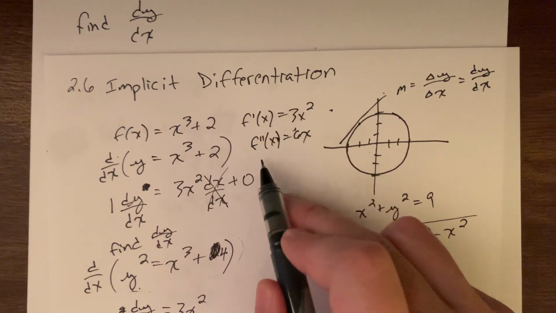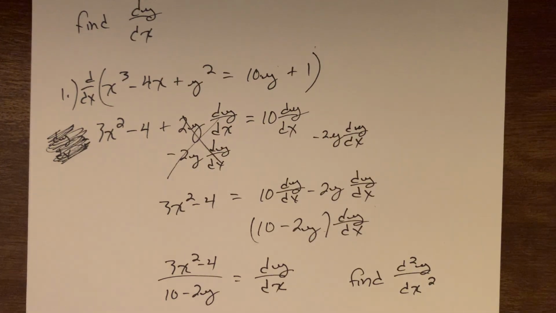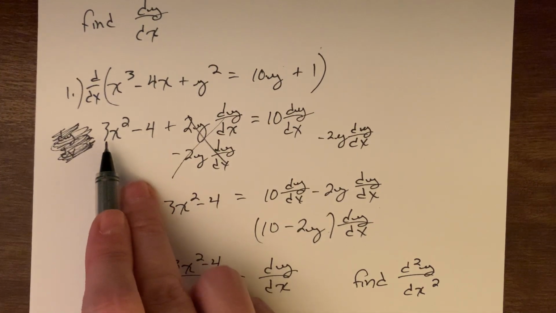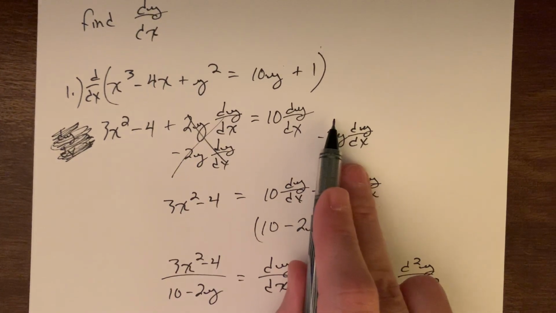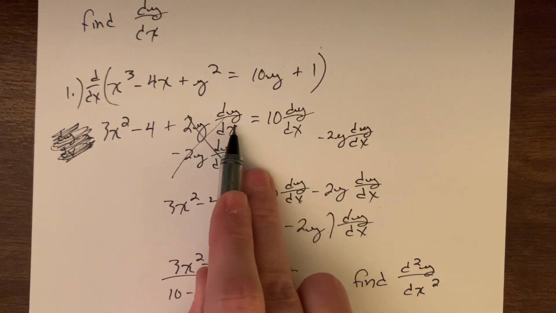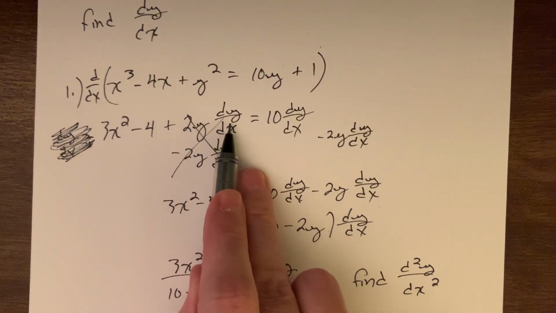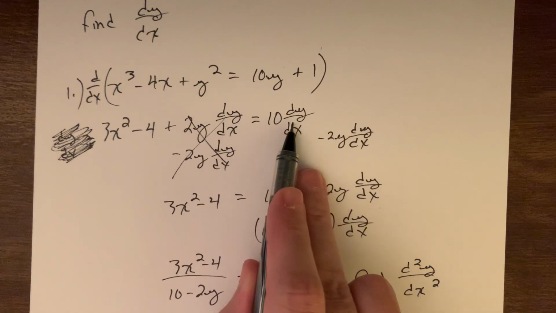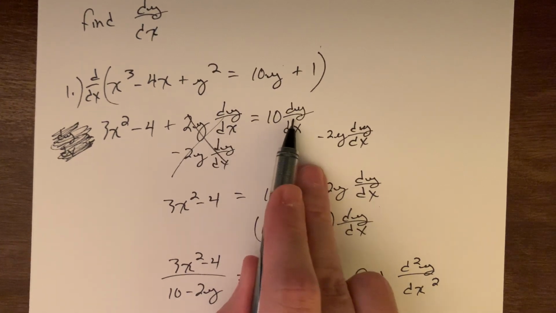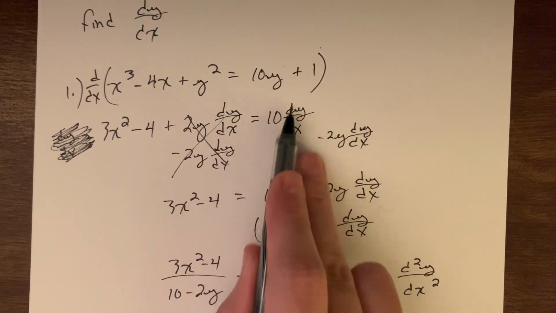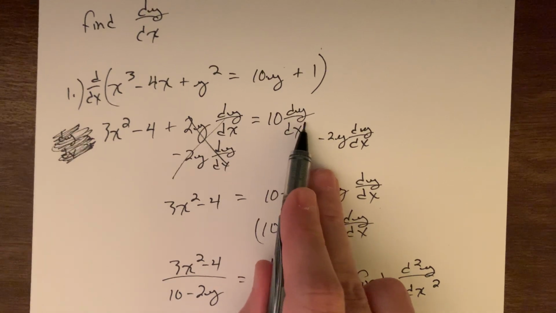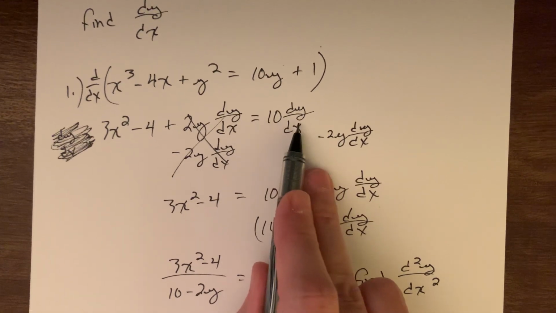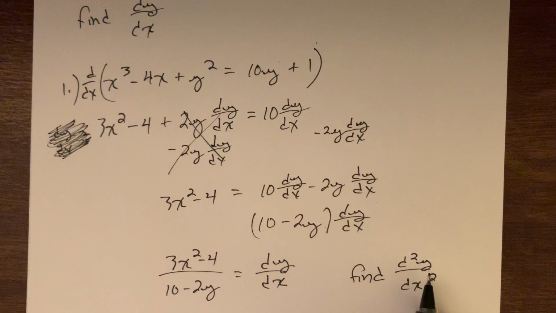Because this was already solved for. If you just take another derivative right here, that's product rule. And you have this extra notation you have to deal with. Over here, what's the derivative of 10 dy dx? It's 10 d2y dx2. The derivative of the derivative is the second derivative.